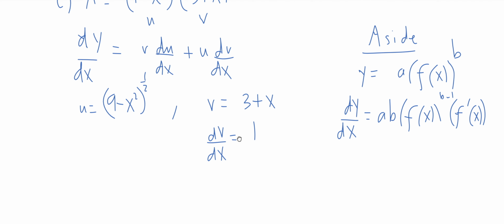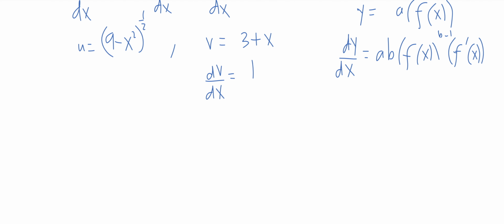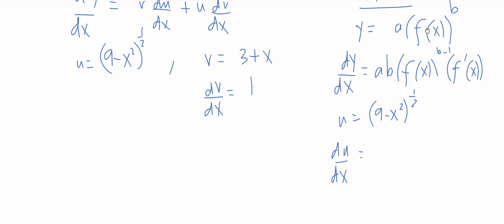Okay, so applying that here to this example. So u is (9 minus x squared) to the half. So du by dx equals ab, a multiplied by b.